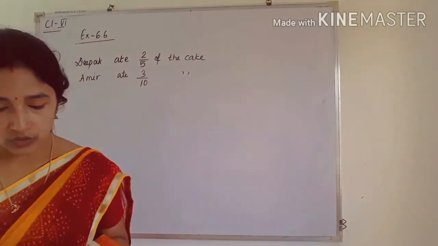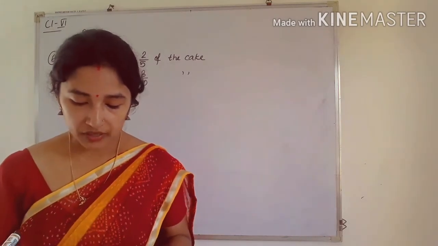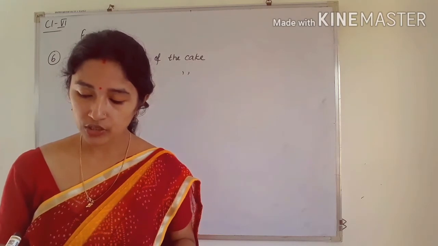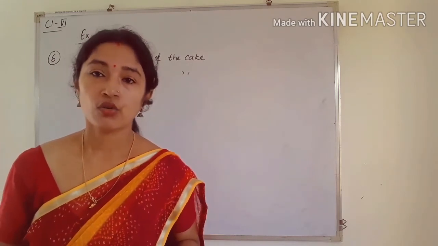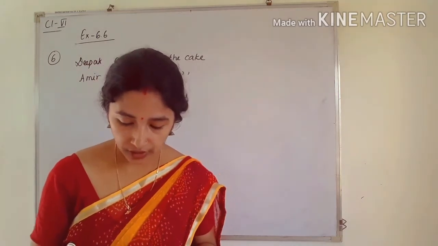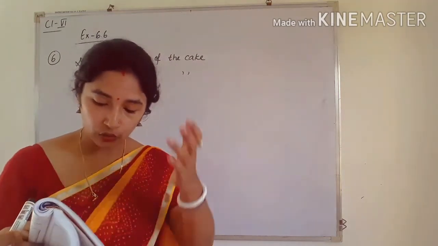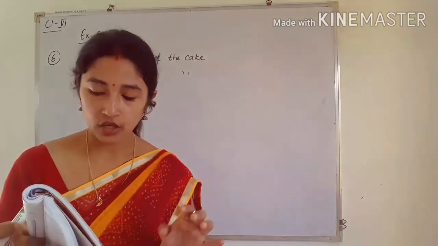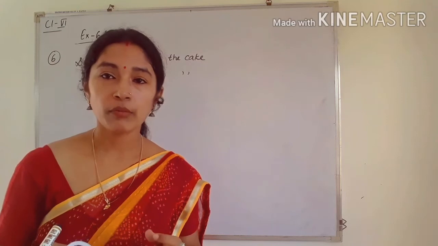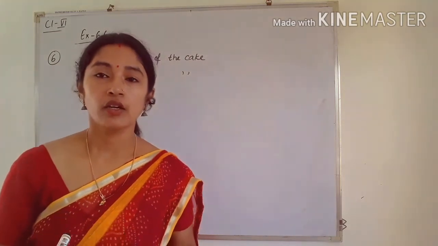So next is question number 4. Rekha mixes 1/2 liter of water with 1/8 liter of orange squash. How much mixture does she get? So here also you have to find the mixture. That means she is mixing 1/2 liter of water with 1/8 liter of orange squash. So now we have to find the total mixture. That means we have to add. So 1/2 plus 1/8 you have to do.